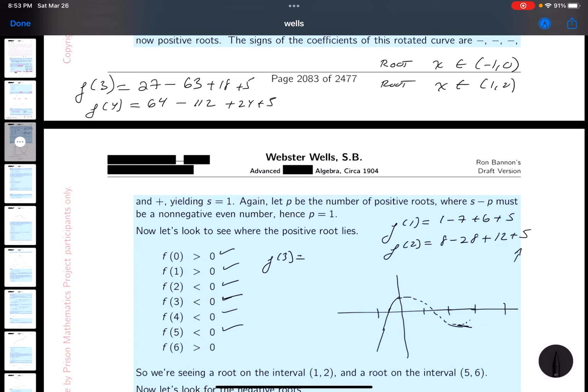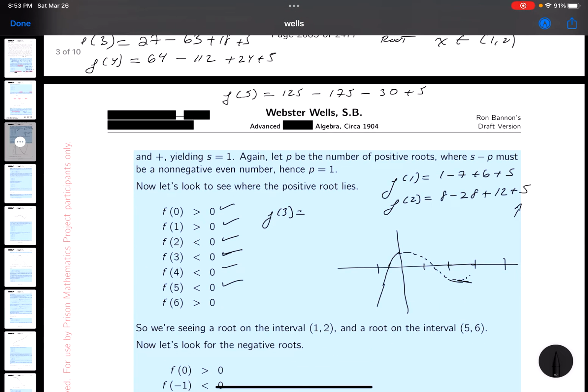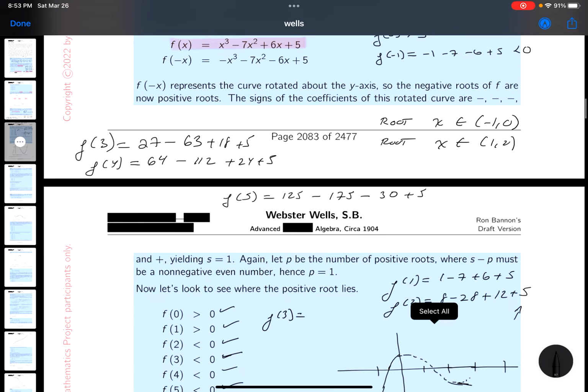Now, granted, you might be frustrated, but at some point I know it's got to go back up. We just did 4, right? Let's do 5, f of 5. Let's take a look at it. 125 minus, well, it's going to be 7 times 25, so 175 minus 30 plus 5. It's still negative. All right, and let's do f of 6 now. We're going to hope it's popping up soon, right? F of 6.